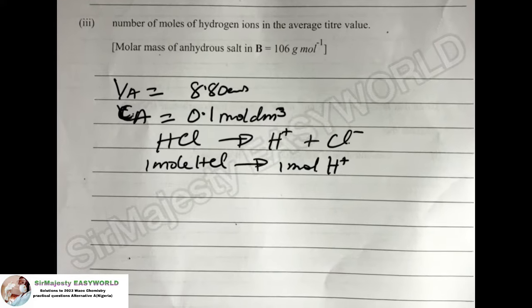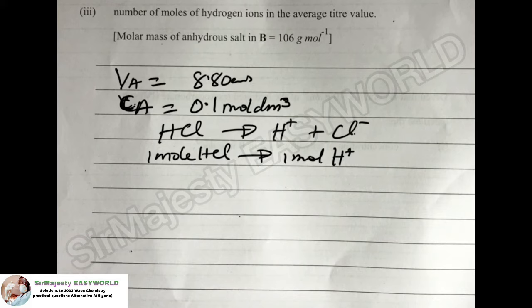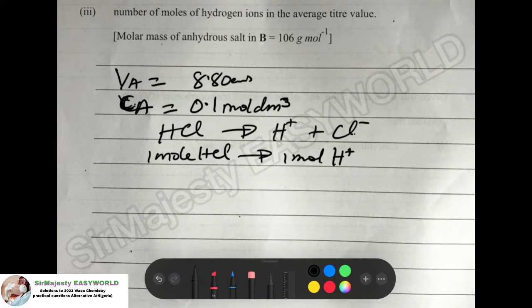So by so doing, what do we have here now? In that case, you have to find the actual concentration, the number of moles present in 8.80. Since 8.80 is the average titre value, it is already recorded that this 0.1 mole is in 1 dm cube. So what will you do?